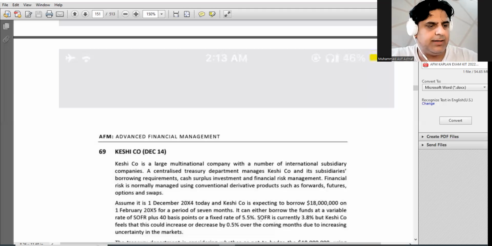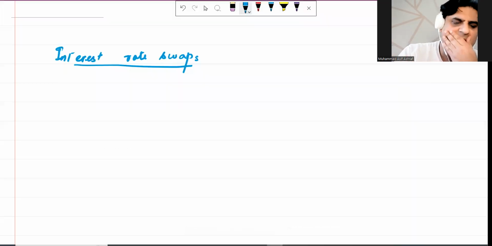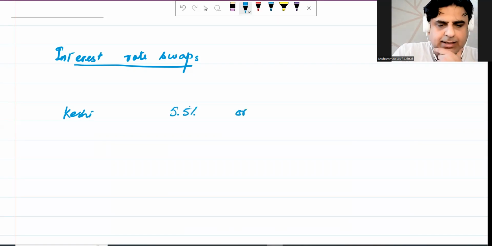So we have two options here. The company has the option to borrow at 5.5% or at the floating option of SOFR plus 0.4%.